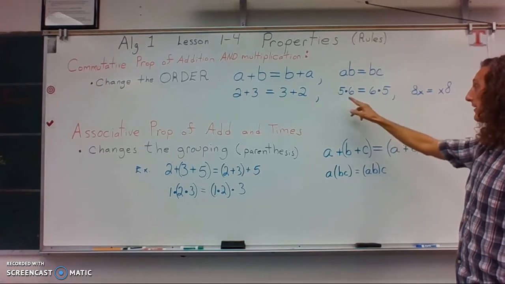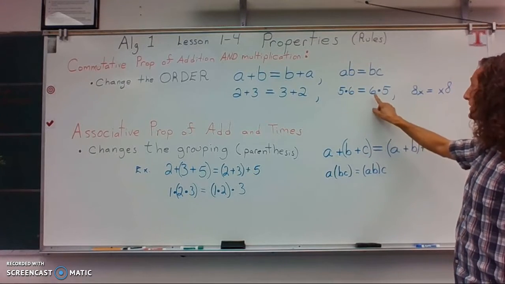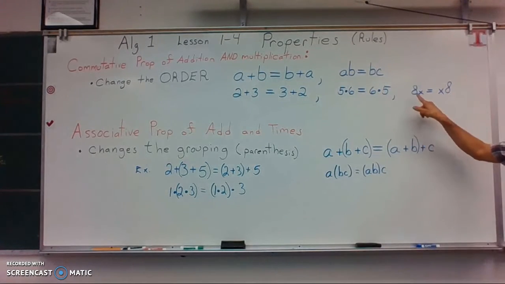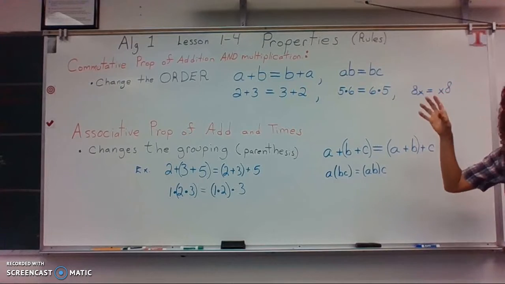In math, it might look like 5 times 6, which is 30, but so is 6 times 5. And then a hybrid is, we'll see 8x, which does mean 8 times x. You can flip it around and put x times 8. This isn't real popular, but you can do it under the commutative property.